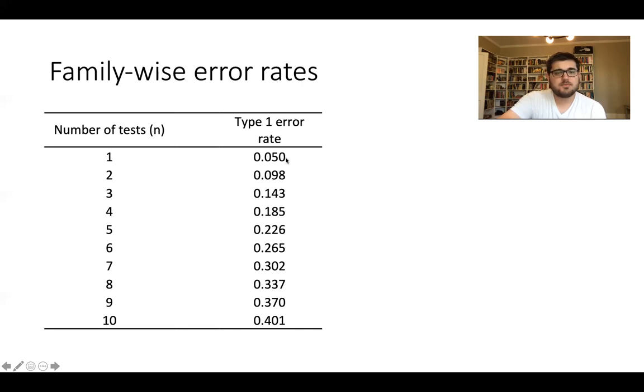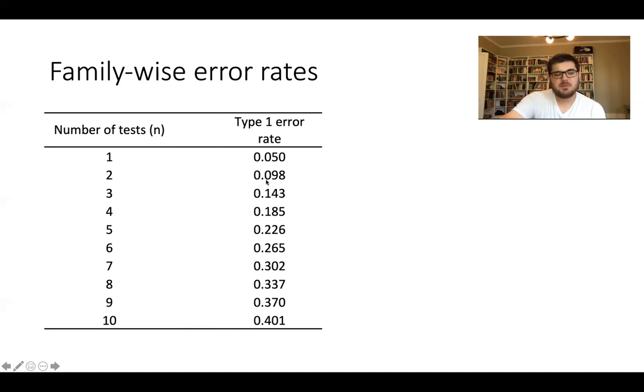So we choose 5%. But if you do 2 tests on the same data, that increases your type 1 error rate. I have an equation in the chapter that goes into detail about where these numbers are coming from. But basically, if you're doing 2 tests on the same data, your family-wise error rate goes from 5% to almost 10%.